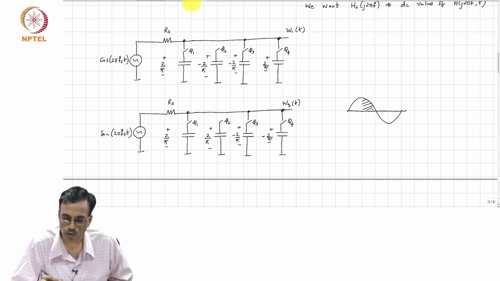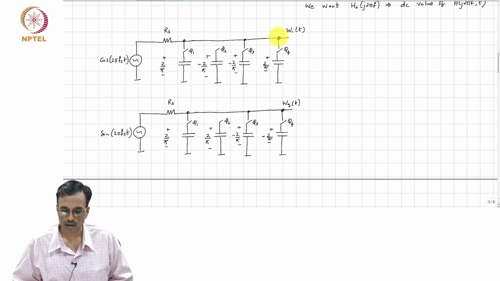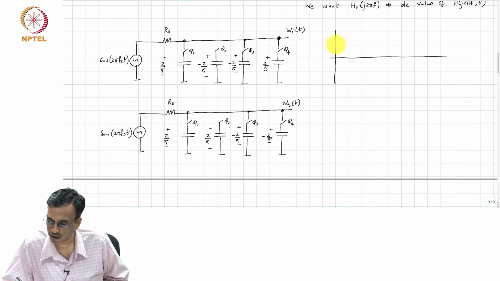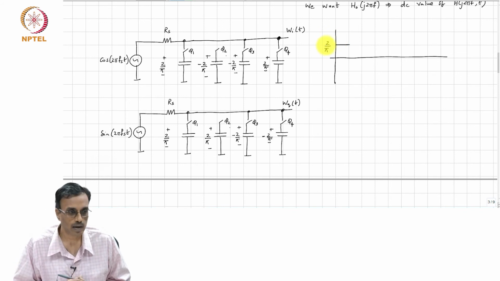All right. So, what is Wi of t? So, what does this waveform look like? When phi 1 is on, Wi of t basically looks like this. When phi 1 is on, the voltage is going to be 2 by pi.